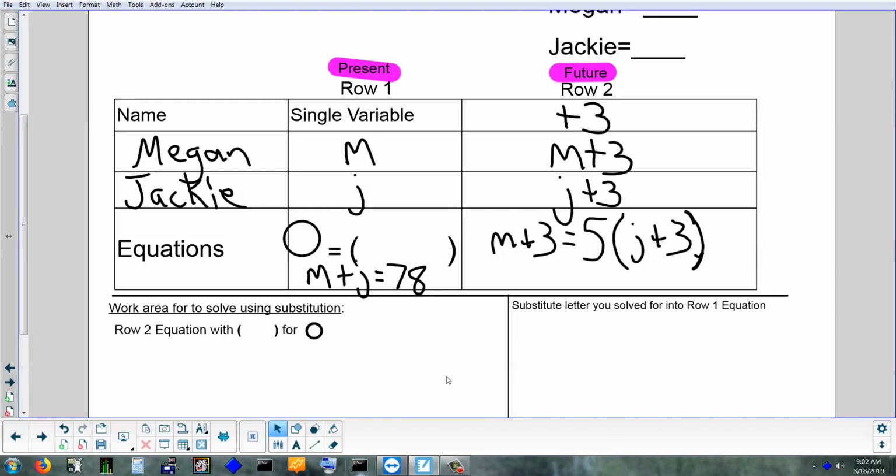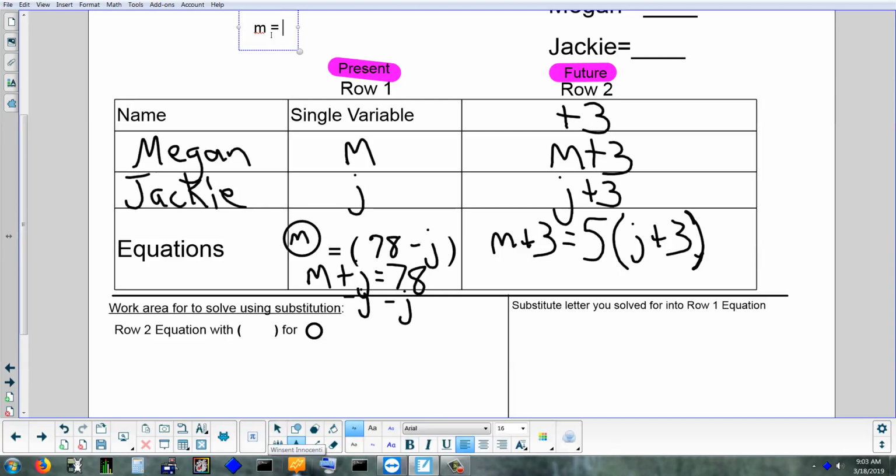I gotta move something. Subtract what? So I want to get m by itself. So what do I do? Subtract j. So I'm going to go minus j. It'll make it m equals 78 minus j.